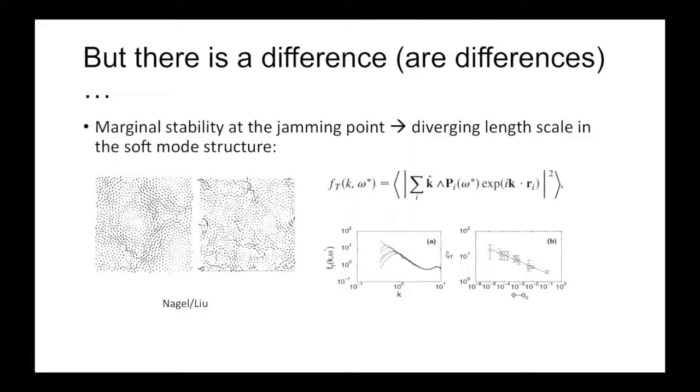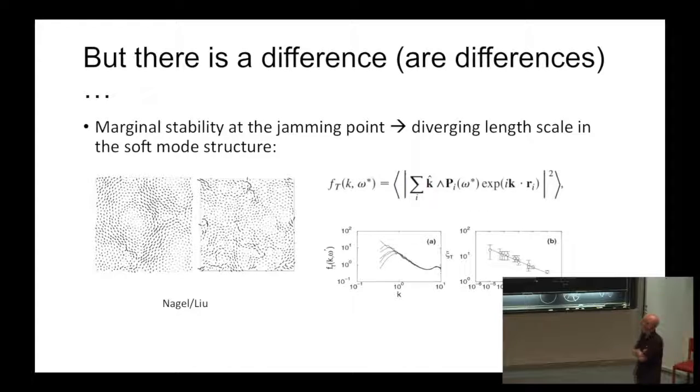So this is work of Sid's. If I go back and do the same thing that I showed you earlier and take the soft modes of the system and look at the real space polarization of those soft modes as they get closer and closer to the jamming threshold, because there's marginal stability at jamming, I expect that there should be an actual diverging length scale associated with the modes.